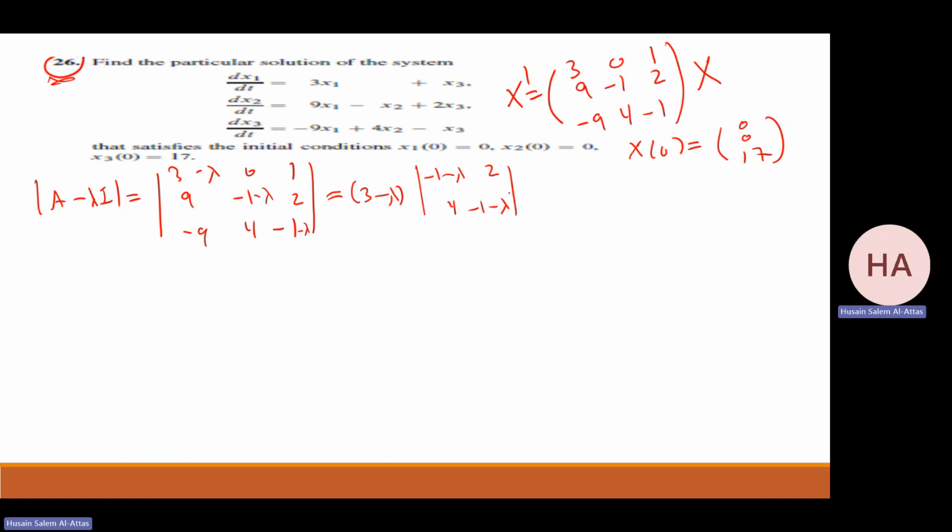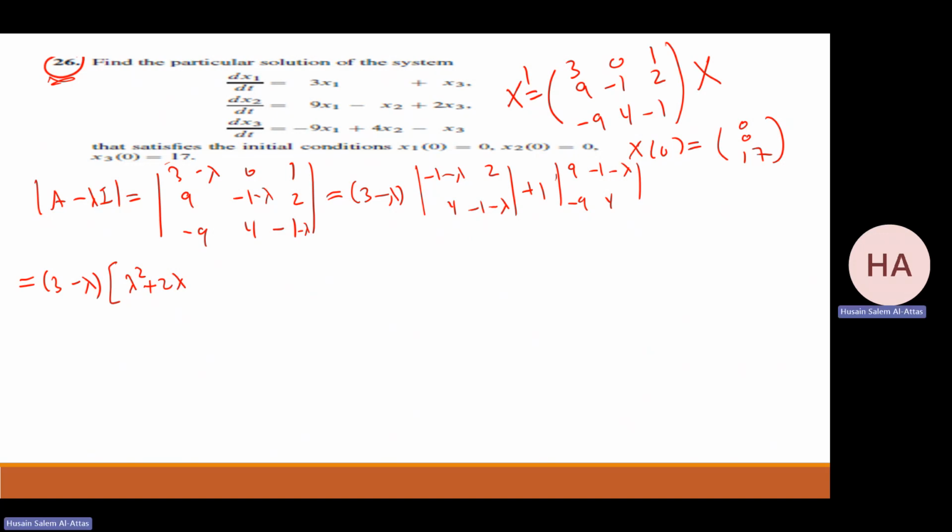It's plus 0, then plus 1, cancel the first row and the third column. You have 9. So you have 3 minus lambda, lambda square plus 2 lambda.